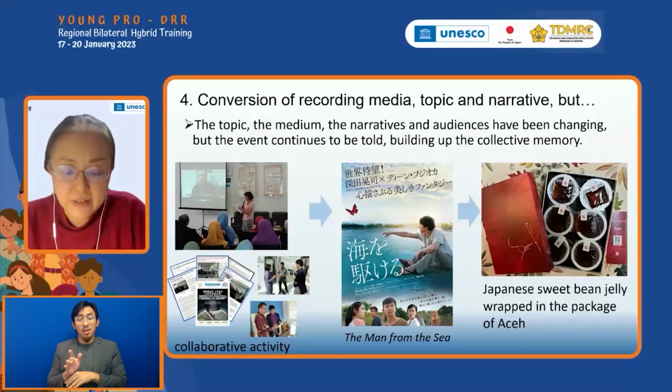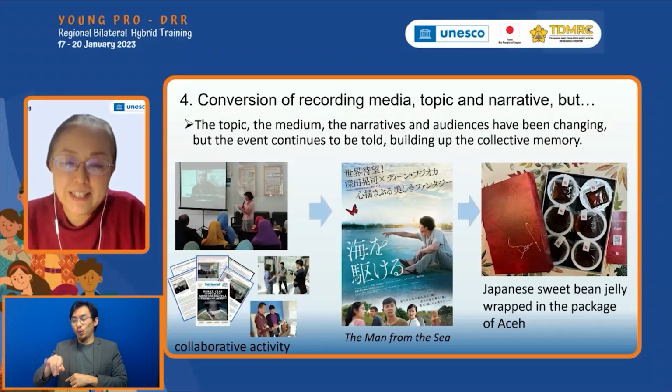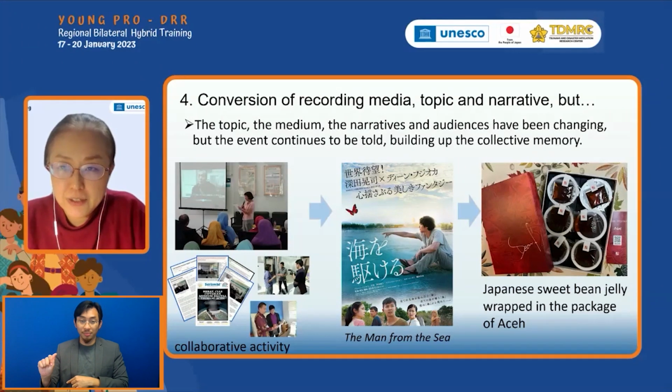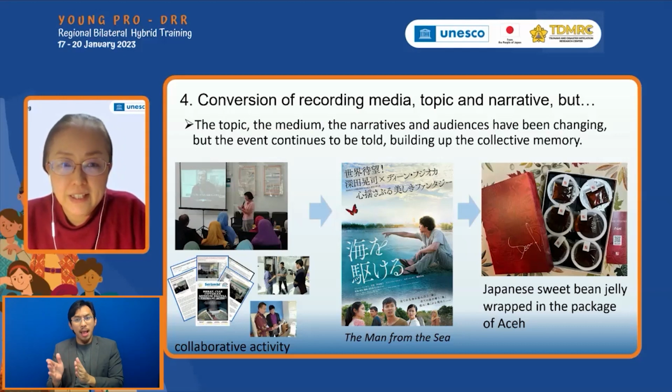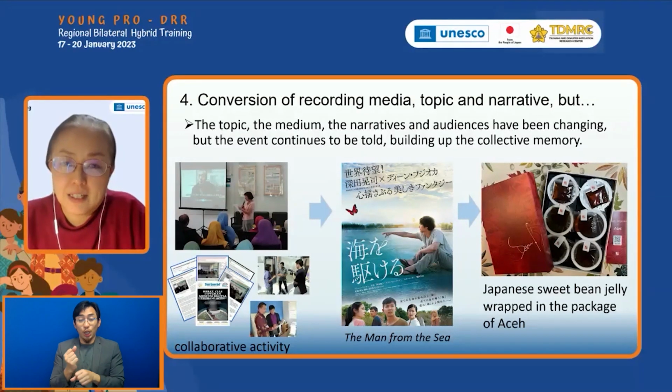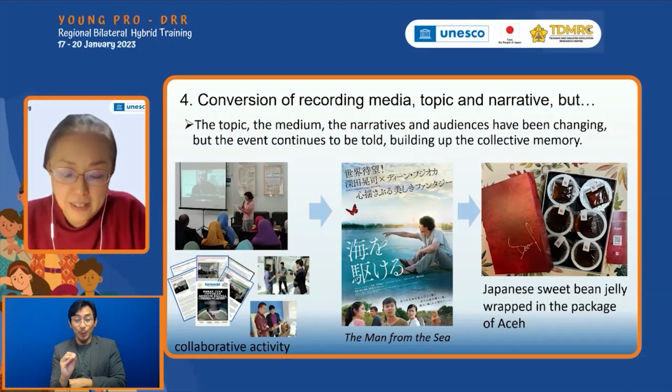In this movie, the popular actor who starred is Dean Fujioka. His wife is an Indonesian woman, and he was so impressed with Aceh coffee, Gayo coffee, Kopi Gayo. Then he planned to produce Japanese sweet yokan with this Aceh coffee.